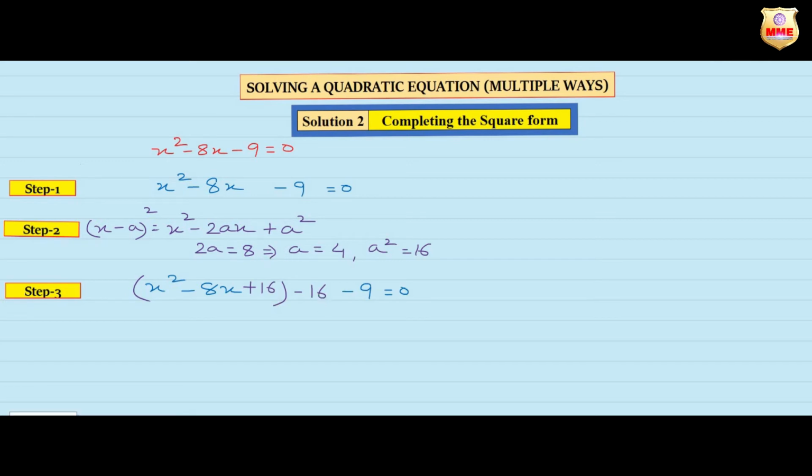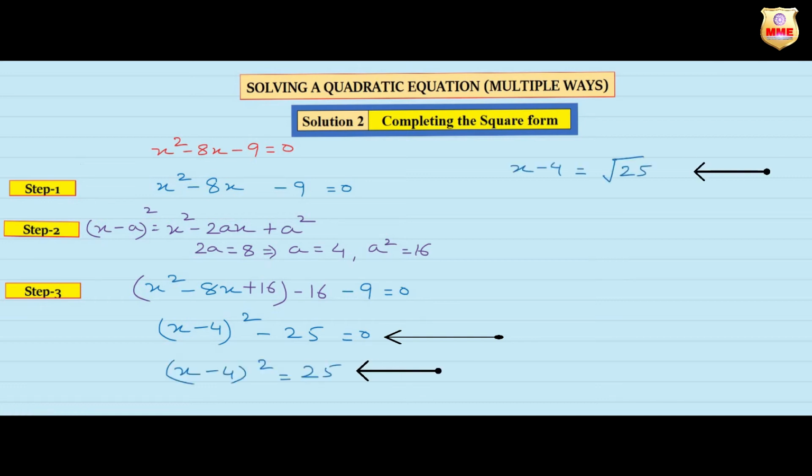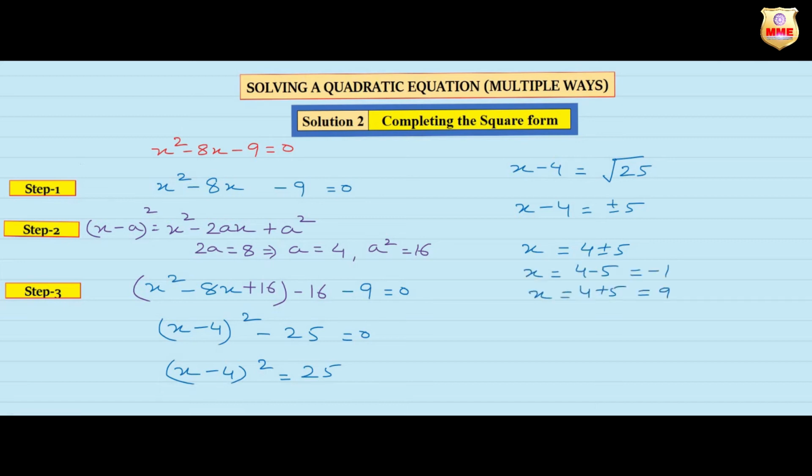So we will further solve the equation in the following steps. So finally we get the solution set of x, and that is minus 1 and 9.